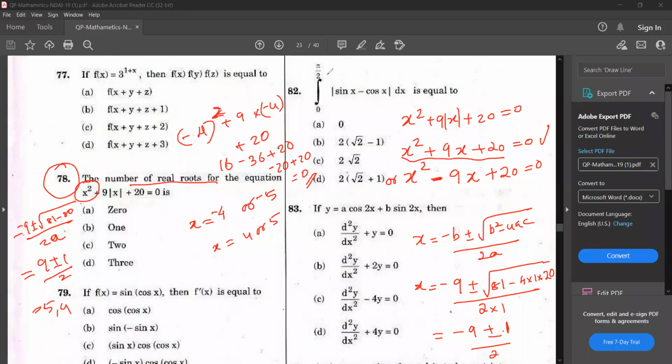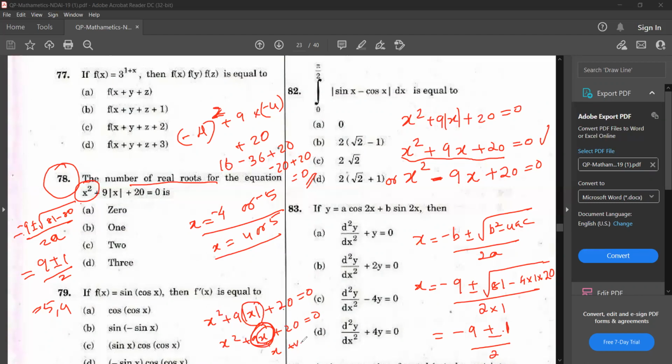Okay, so what is the problem here? See, the numbers are the roots, isn't it? What are the numbers we got? Minus 4, minus 5, or x equal to 4 or 5. So listen, we have the function as x square plus 9 modulus x plus 20 equal to 0. For this function to be satisfied, when I put x square plus 9x plus 20 equal to 0, I should have a positive value, means x should be positive, isn't it?